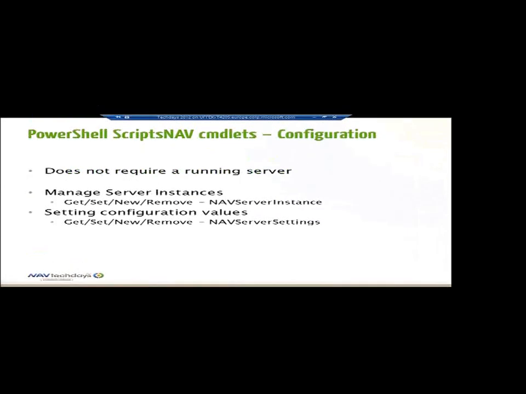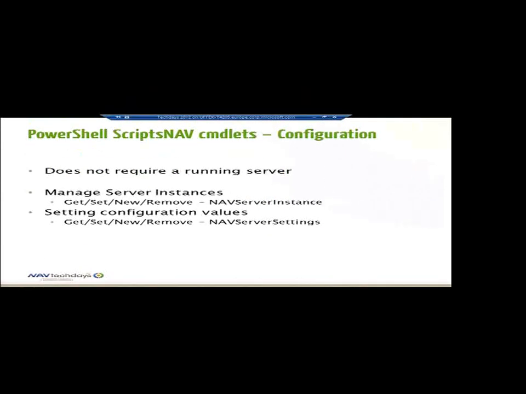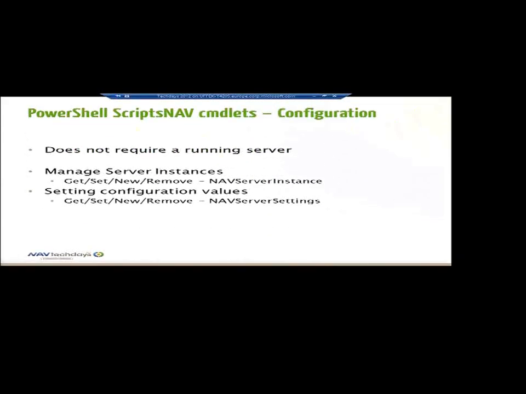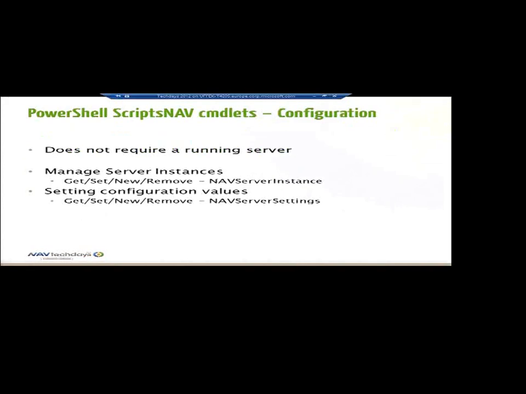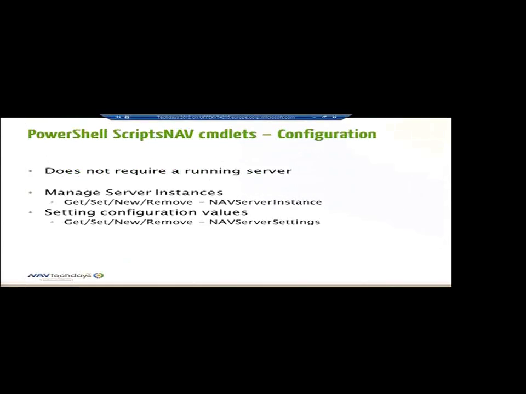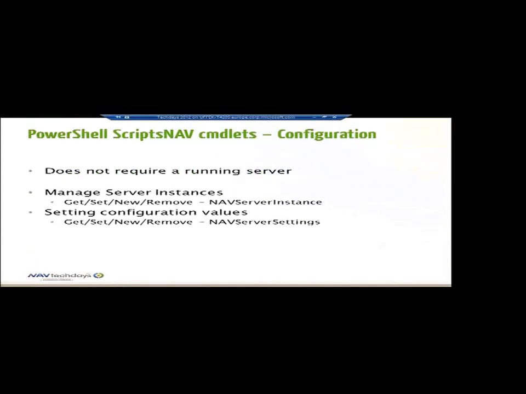You can also get, set and remove configurations for instances. And that's what we mostly used in the management console. The management console also comes with the remote operation you have in PowerShell, so everything you do, you can actually remote to another computer. So go explore the PowerShell scripts, and you will quickly find out what is possible.